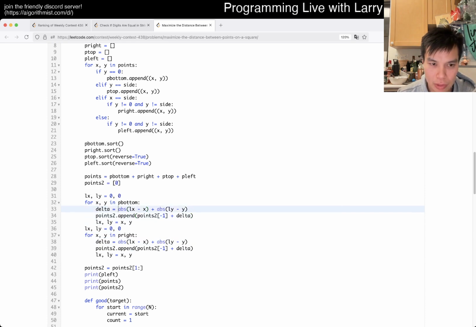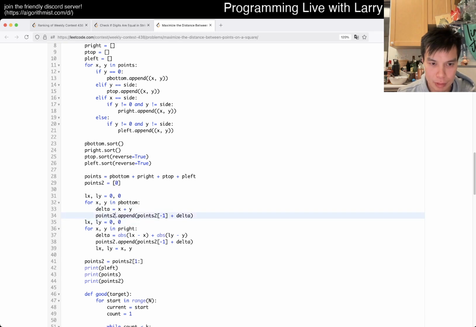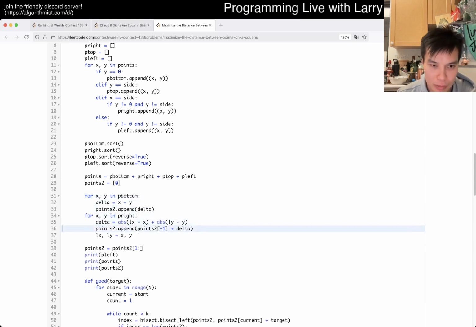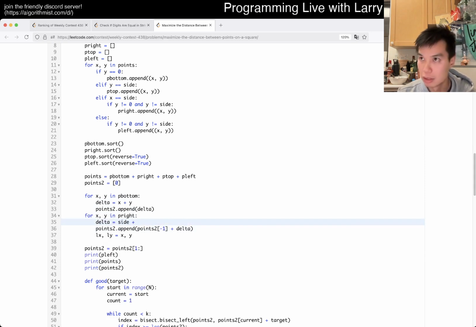Delta is equal to, from the bottom, it's going to be x plus y. Okay, that's fine. And that's not even the delta, let's just do it this way. Okay, we don't need this, we don't need this. We have 8 minutes, hopefully we're good. This is going to be a side plus the x element, so it's going to be x plus y anyway, right?